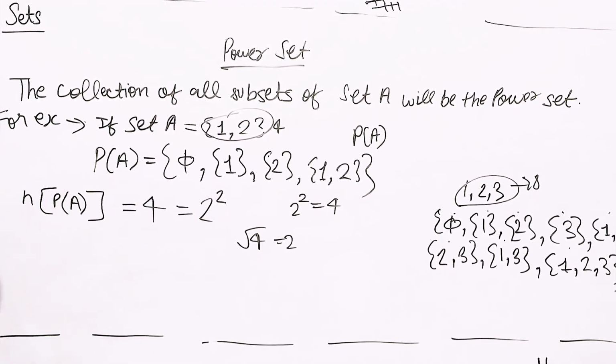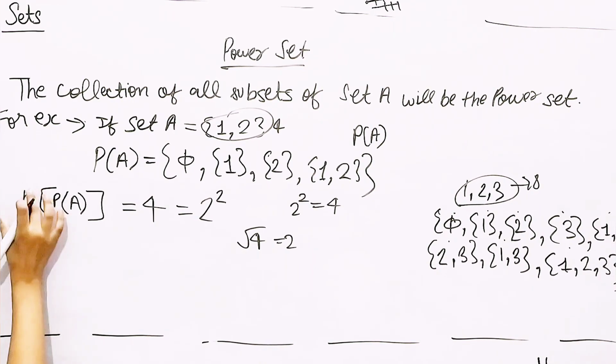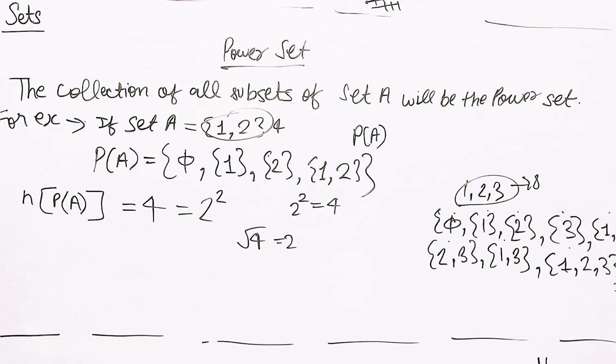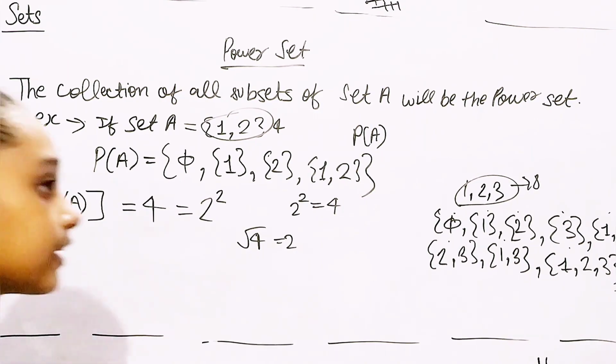Okay, one more thing. So in this one we have the number of elements of P of A. Okay? Like how many elements do we have? So it's really simple.